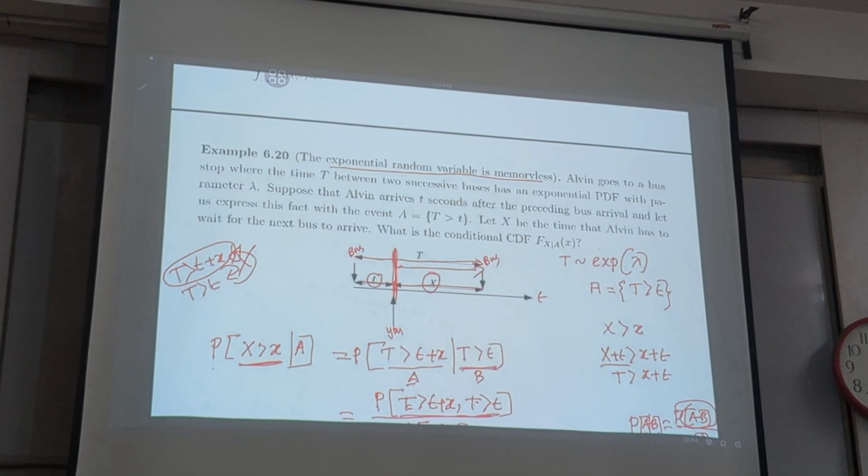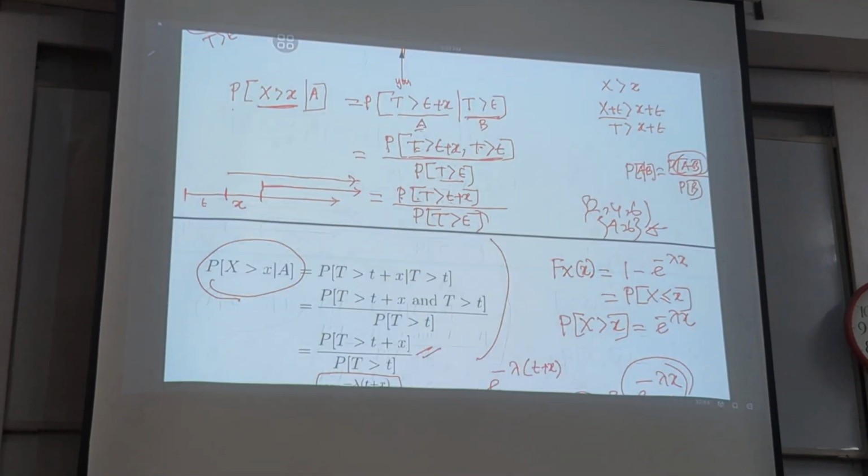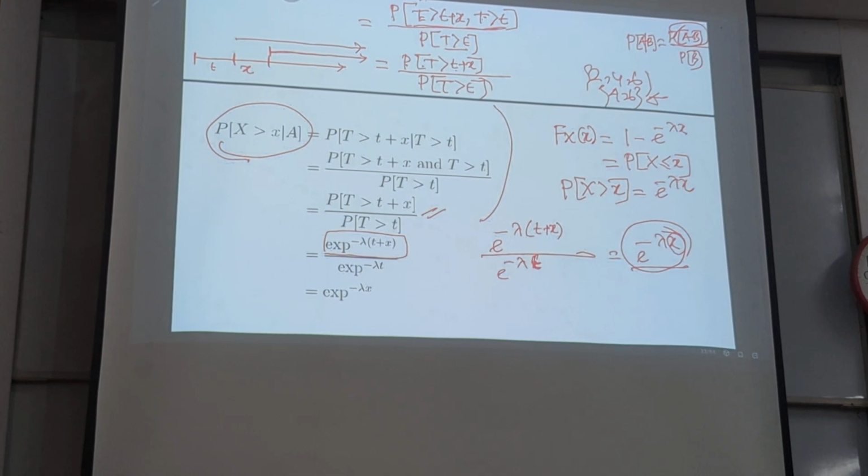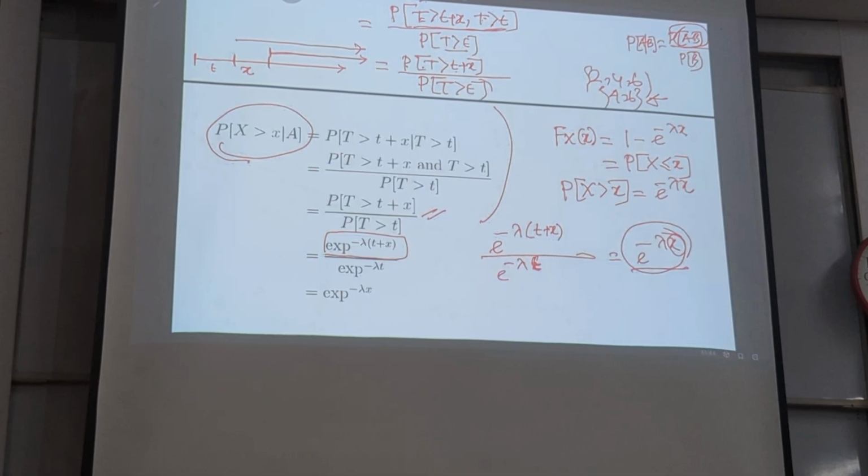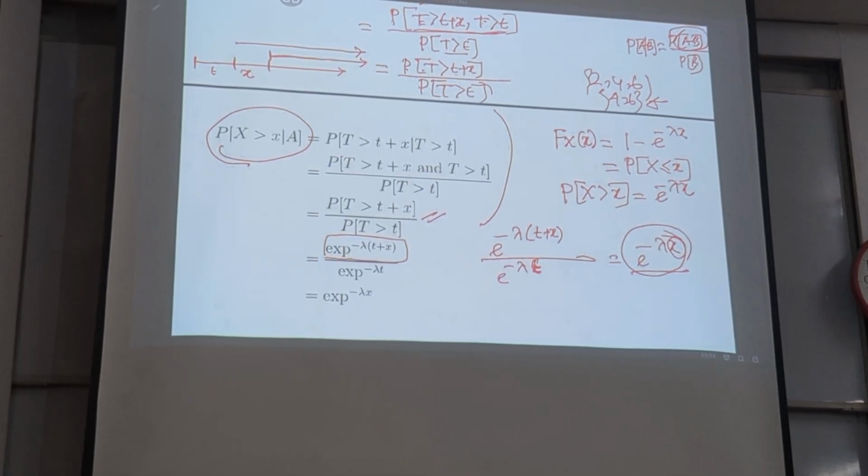The arrival time of the next pass depends on what? If it is exponentially distributed, then it only depends on the mean. That's why only x is here. It does not depend on x plus t. That's why the exponential random variable forgets its past.